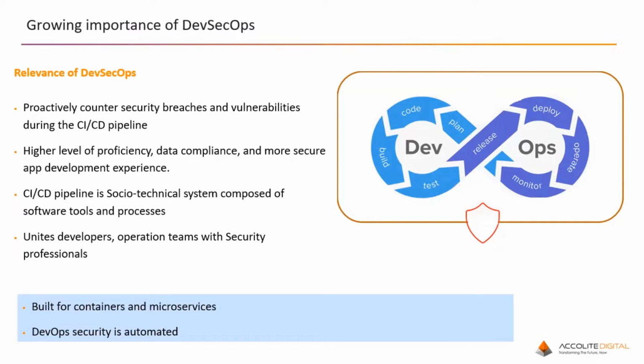DevOps security is automated, maintains short and frequent development cycles, integrates security measures with minimal disruption to operations, and keeps up with innovative technologies like containers and microservices.